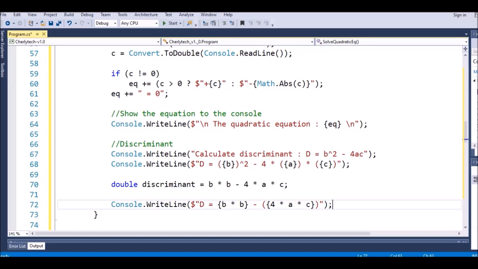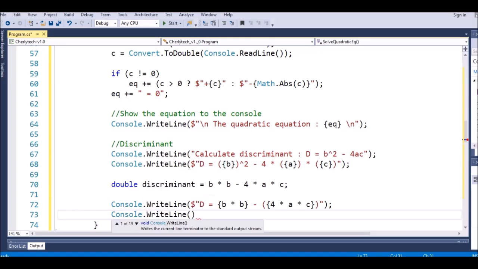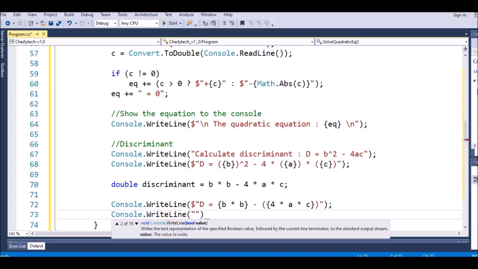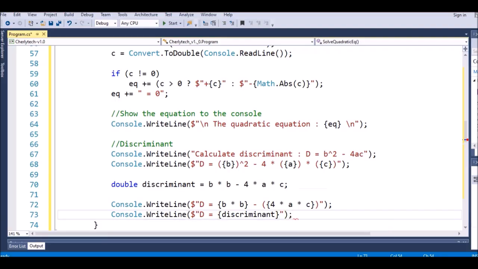And after that, we show the calculation result. Console dot write, show that D equal, say inside here, discriminant, that is. Okay.